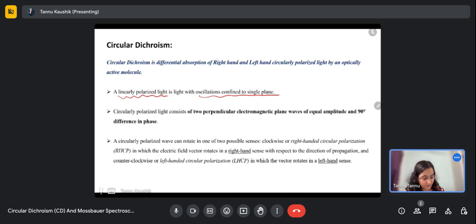If we have a circularly polarized light, it consists of two perpendicular electromagnetic plane waves of equal amplitude, but at 90 degrees to each other, that is, there is a phase difference of 90 degrees. So here we have two plane polarized lights which are aligned at 90 degrees with respect to each other, that is, they are perpendicular to each other.